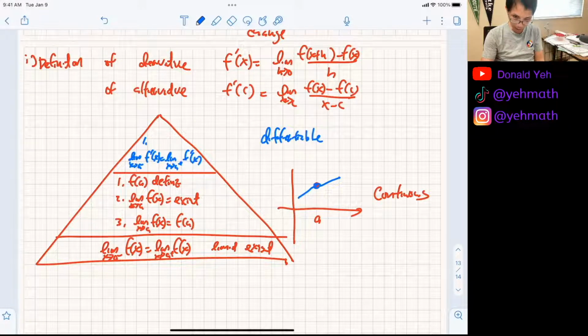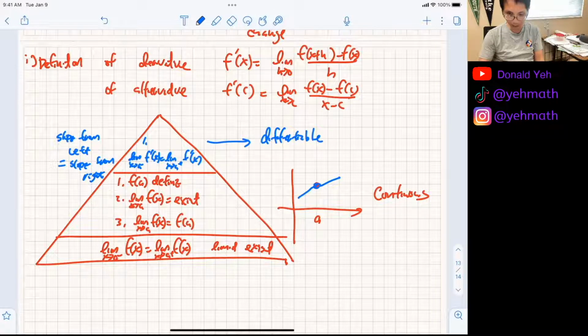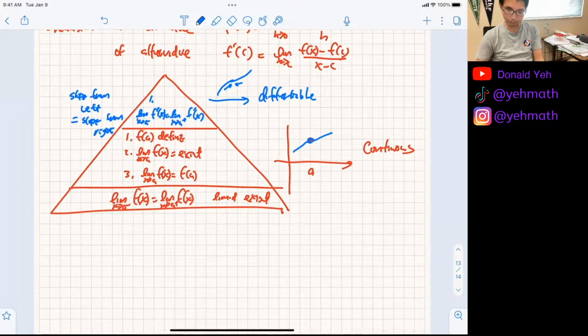That means slope from the left equals slope from the right. Okay, that means a functional roller coaster. So it looks something like this. Slope from the left equals slope from the right. At that point, the slope is completely smooth. You can build a roller coaster on that.